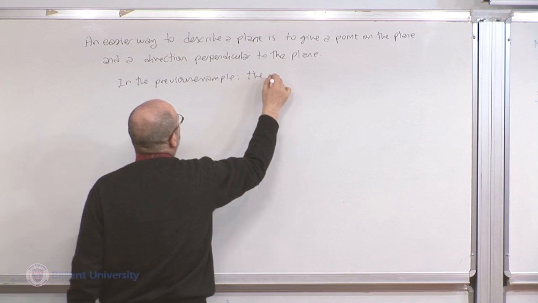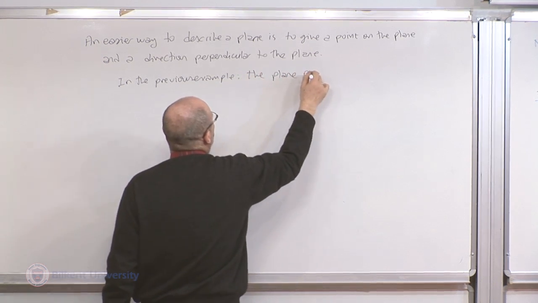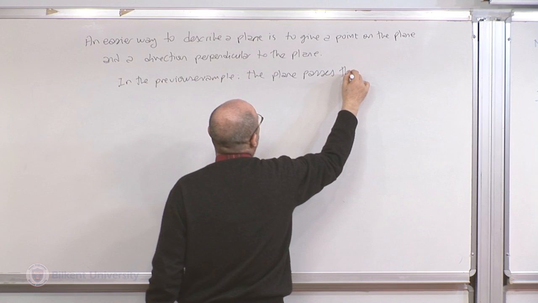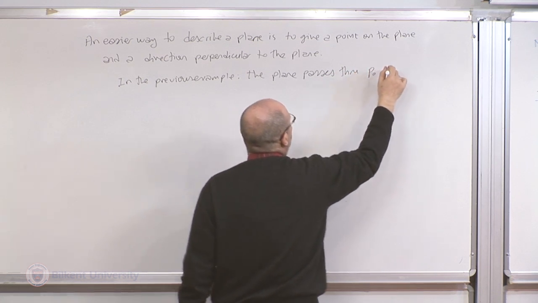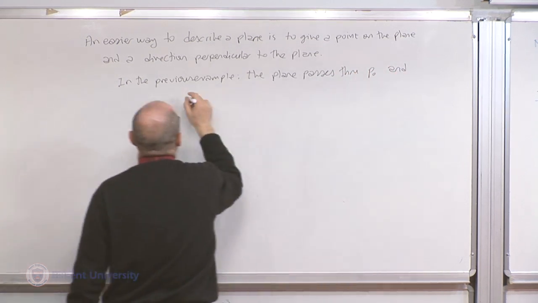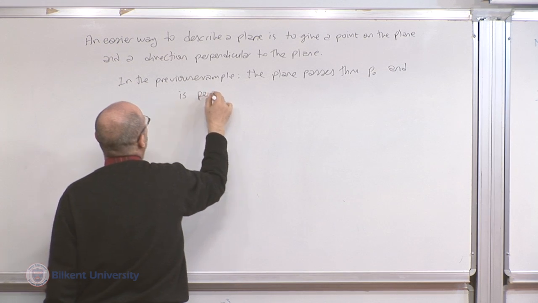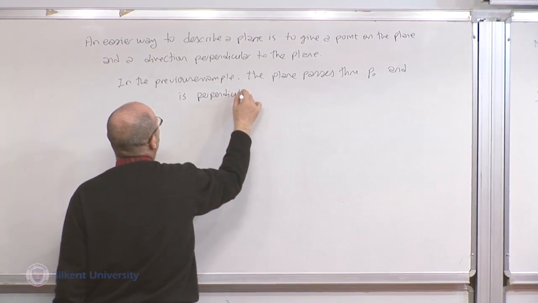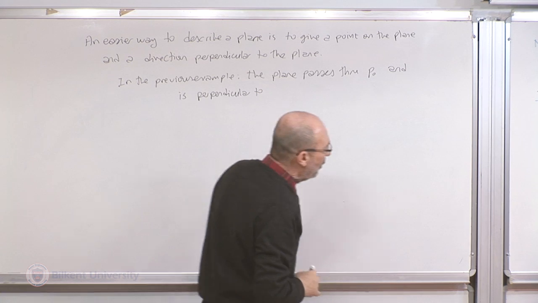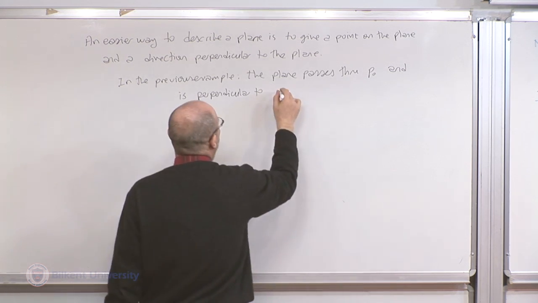Okay, in the previous example, the plane passes through P0 and is perpendicular to P1 cross P2.